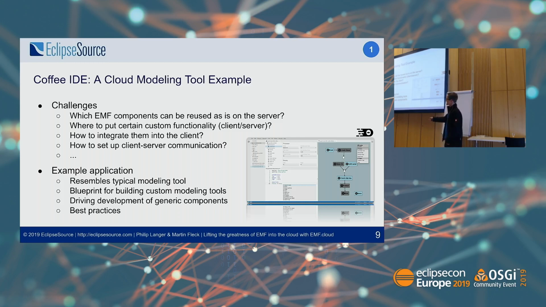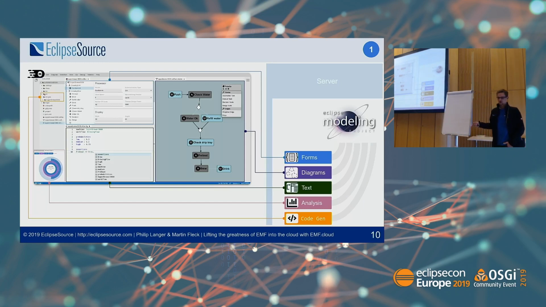And last but not least, it is a great help if you are building generic components that you have a running example. I'll be very quick on that, just to give you an impression of how this tool looks. I will give a demo in a second, but also not too detailed. What is this typical modeling tool? It's basically a tool that is based on Theia that provides different ways, different representations and UIs like forms, diagrams, text, and so on, to interact with an EMF model that lives on the server.